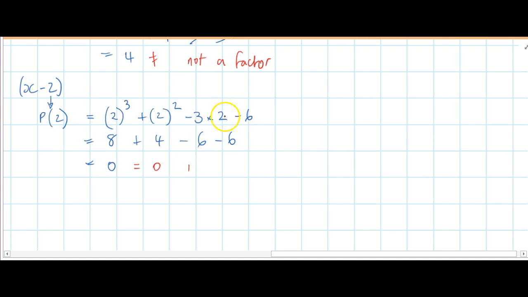So therefore, we use these three little dots, therefore x minus 2, remember we said that that is a factor.